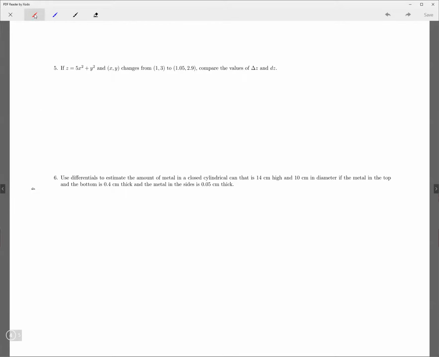And we're going to compare values of delta z and dz as you go from this point to this point. Okay, so first of all, delta z, so if this is our f of x y, then delta z would be f of the second point minus f of the first point.